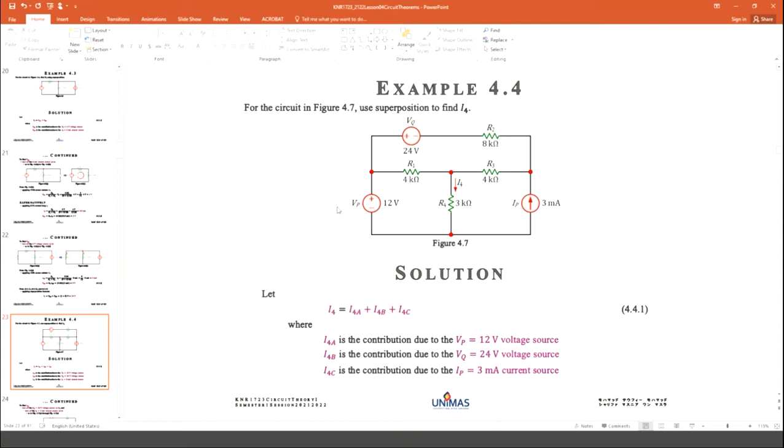So whatever source we see from the left to the right, you consider it as A, B, C first. So in this case, I4A is due to VP, I4B due to VQ, and I4C due to IP. Okay. So apa kita buat sekarang?